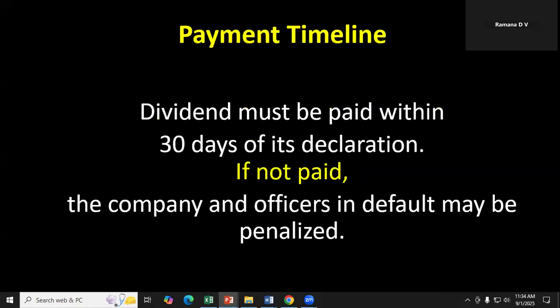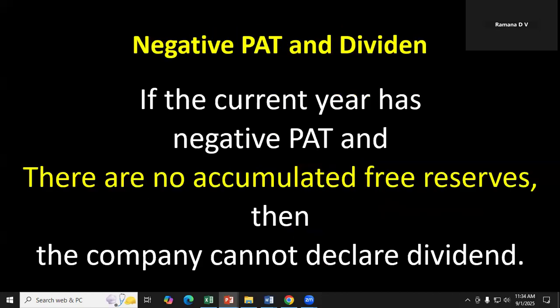Moreover, it also says that the dividend must be paid within 30 days of its declaration, and if not paid, the company and officers may be penalized. So there is a very clear indication that you just cannot declare and leave it as a liability on your balance sheet.